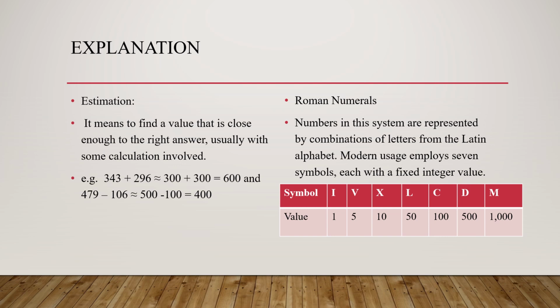The symbols are I, V, X, L, C, D, M. I stands for 1, V is 5, X is 10, L is 50, C is 100, D is 500, M is thousand. If a number of smaller value is written to the right of it, then we add. V is 5, so I before V is 1 less than 5, which is 4.